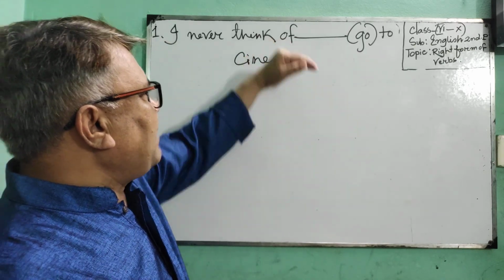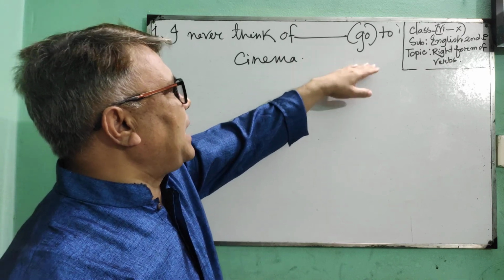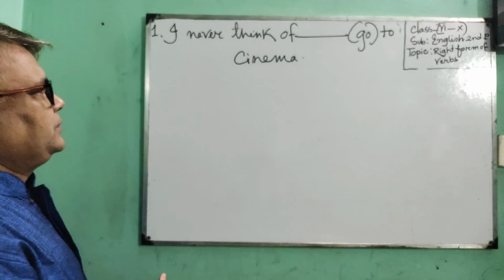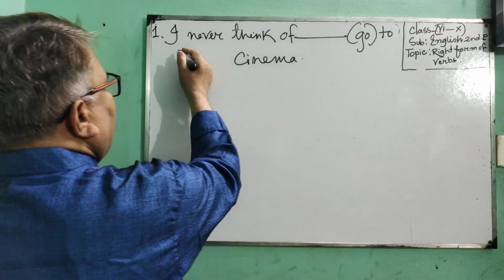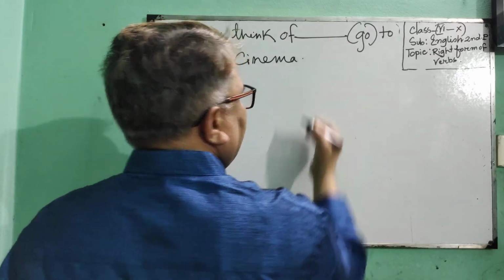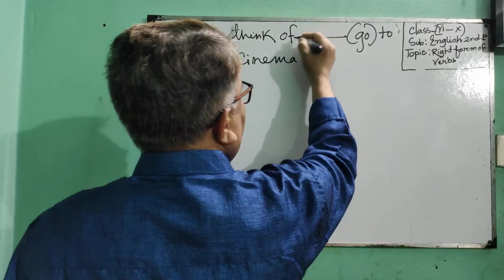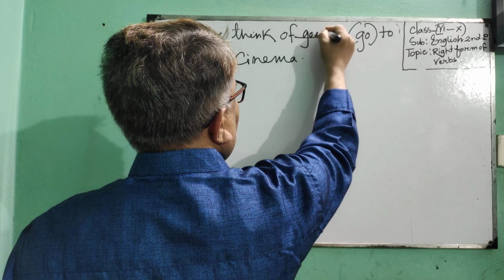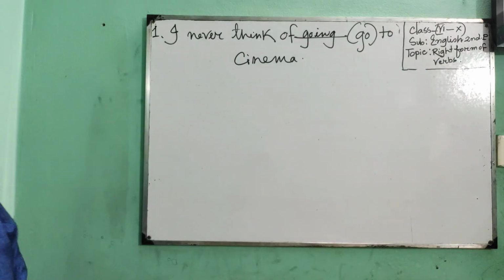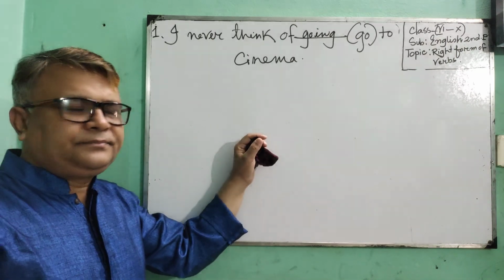If we find a verb after a preposition, this verb should be gerund. How? I never think of, that means gerund, that means verb plus ing. I never think of going to cinema. It's okay?